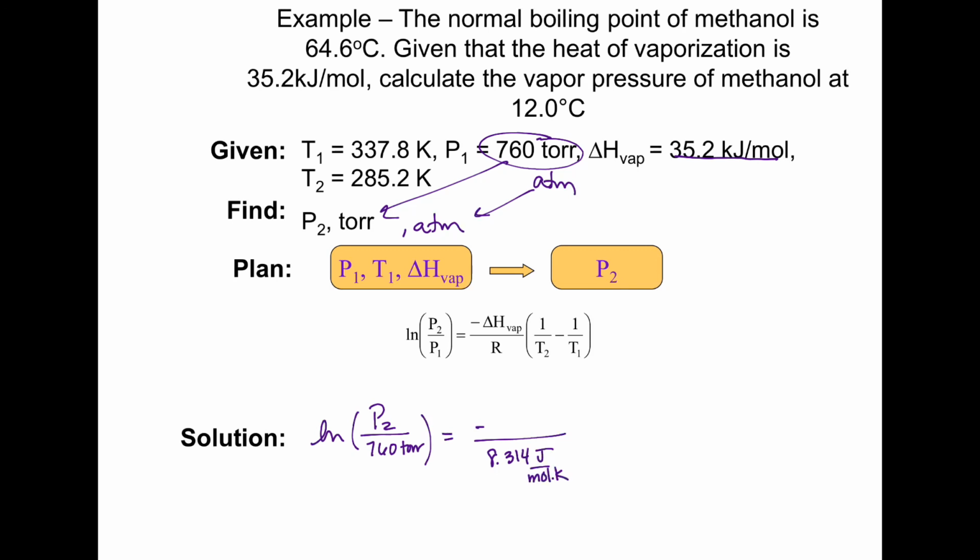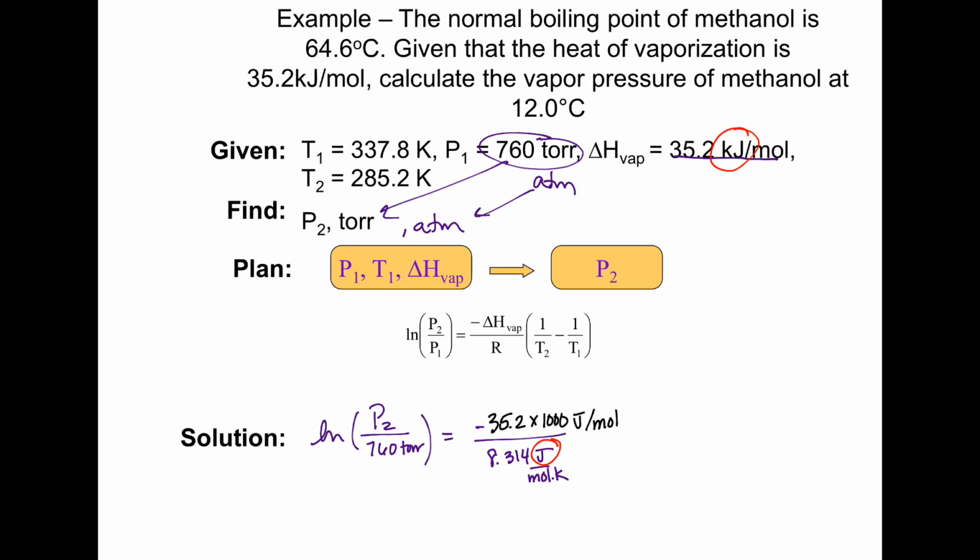Now, if I'm using joules as my units for R, I need to make sure that my delta H is also in joules so that they cancel out. And what I can see is that this is in kilojoules. So I need to convert that to joules. That means multiplying it by 1,000. So this would actually be 35.2 times 1,000 joules per mole.